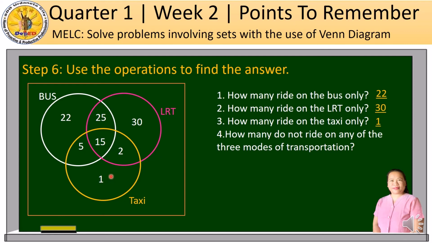So if you're going to add, the sum of these numbers is equal to 100. So from our given, 100 students were interviewed. So, pag tinanong kung how many do not ride on any of the 3 modes of transportation, since pag tinotal natin ito is 100, so sakto lang doon sa given na students. So our answer is 0.